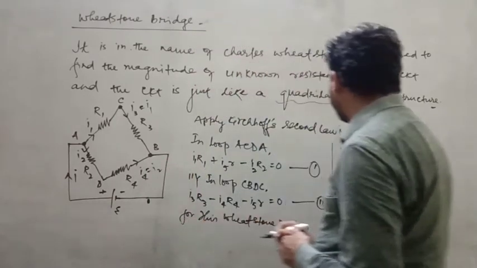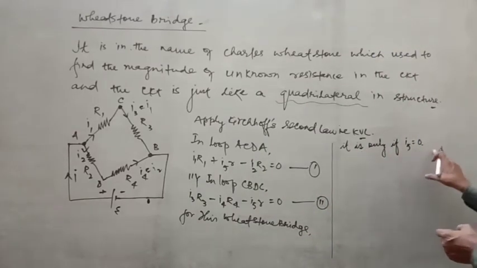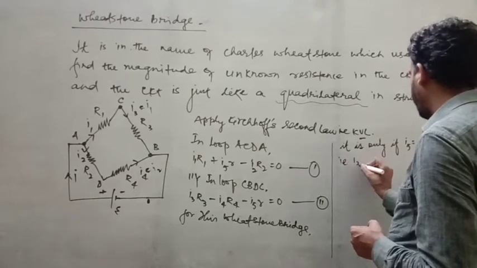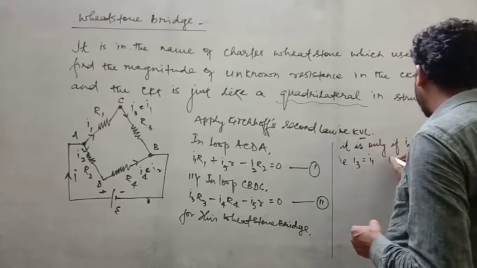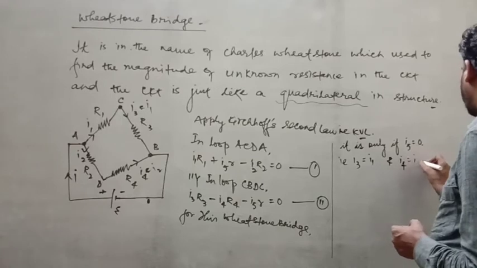Alright, so if I phi is equal to 0, then I3 becomes I1 and I4 becomes I2.